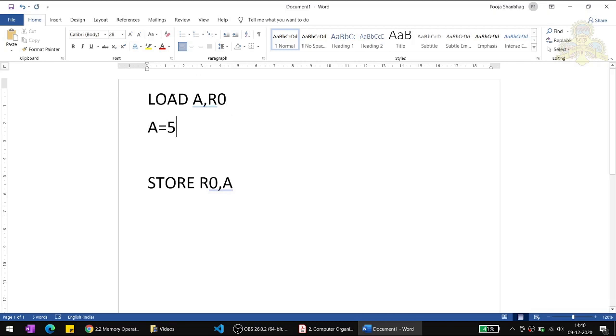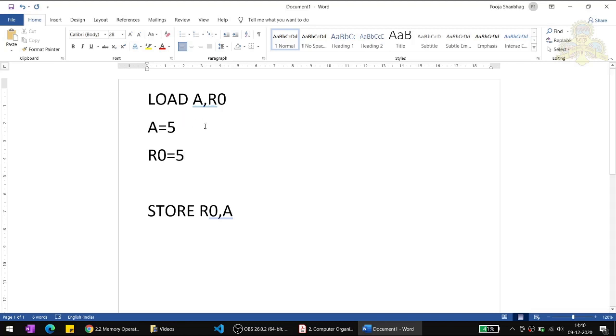Whenever this operation is performed, the content of A would be transferred to R0. Remember, the content of A is a memory location, and the content of A is 5. Now the content of A is copied and moved to R0. So your R0 will now have the value 5.